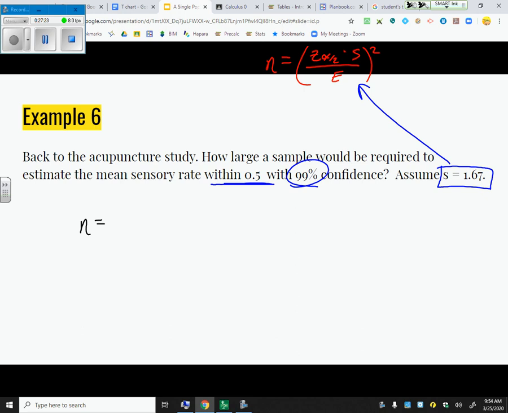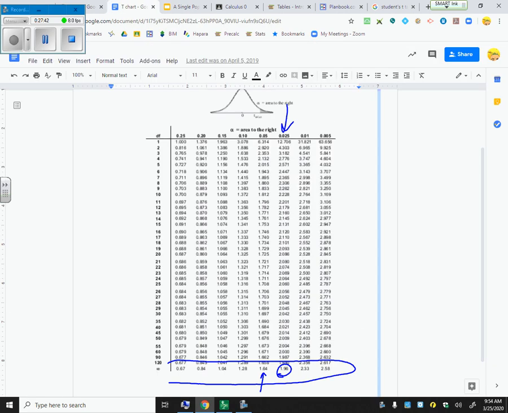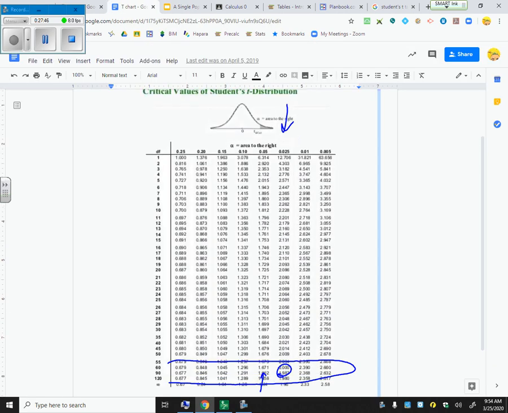I need to go get my z-score for 99%. So, a couple of different places I can get that. 99% leaves me with 0.005 over here in the right tail. So I can go here and get it off my T chart, 0.005, all the way over here, and it gives me 2.58.